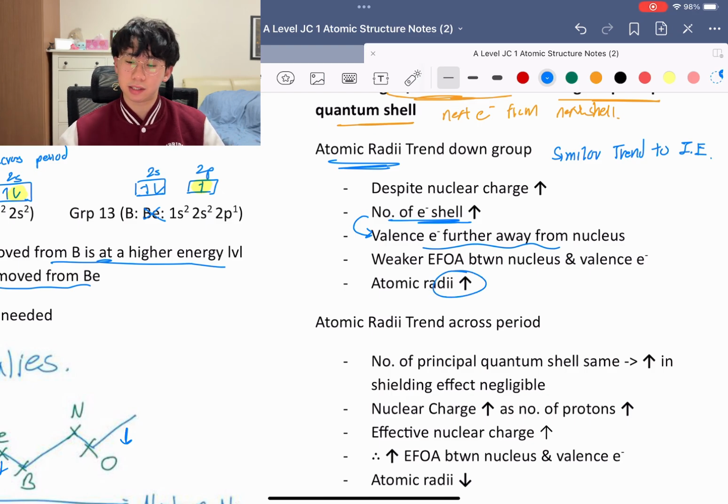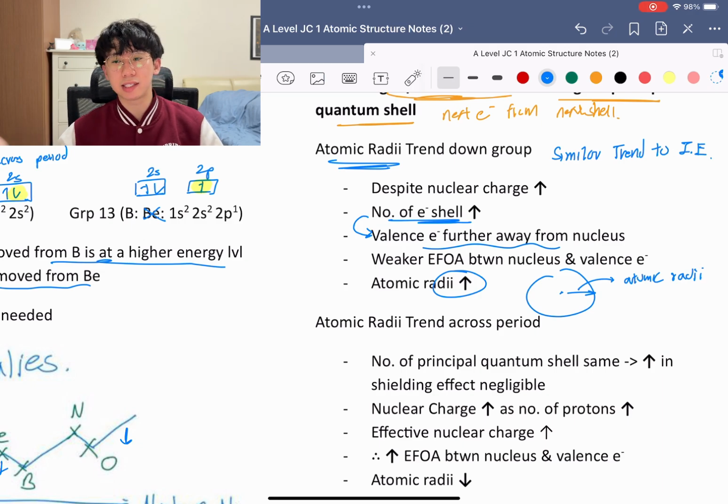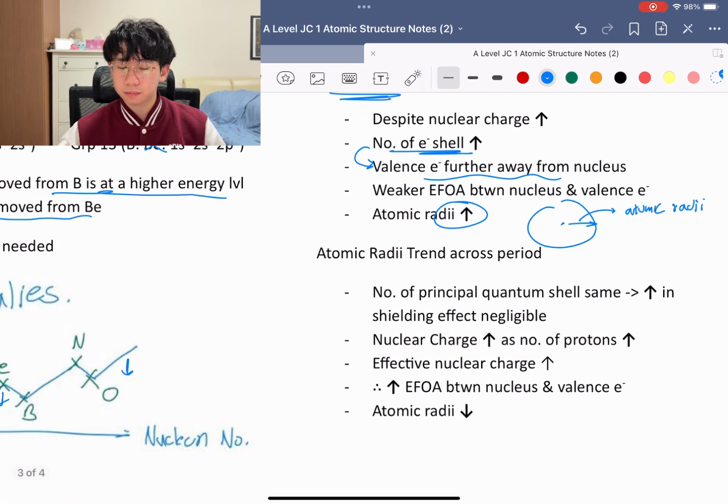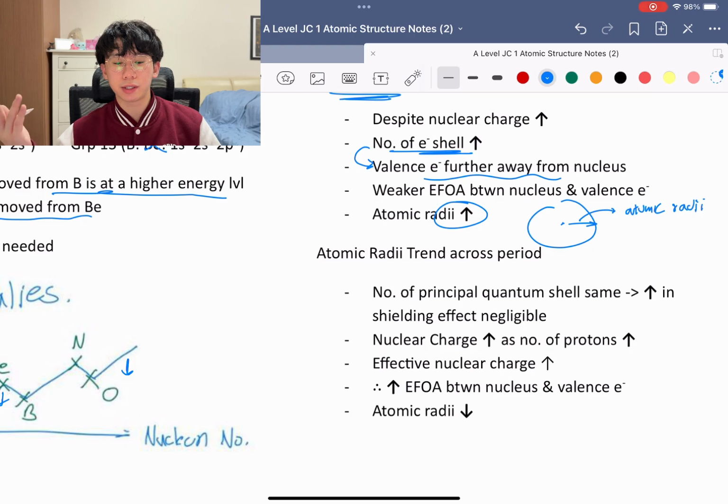And the atomic radius is the distance between the nucleus and the outermost electron. So because of that, you also have weaker effective nuclear attraction between the nucleus and the valence electron. So the strength of the attraction will decrease, and that means your atomic radii will increase.